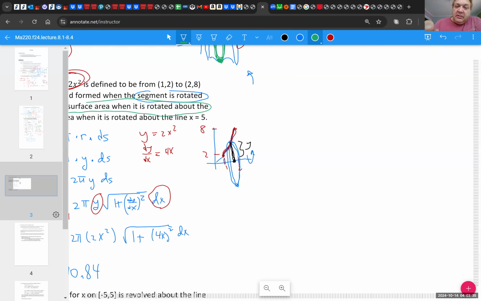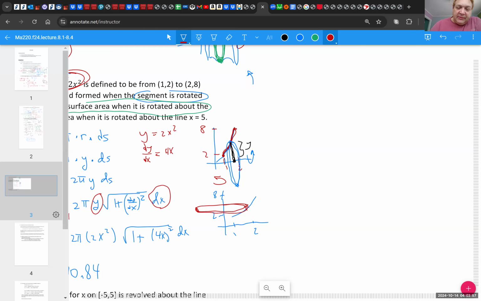For my drawing, I'm going to be doing the same curvy thing from 1 comma 2 to 2 comma 8. I'm going to be doing a little slice of the thing, but now I'm rotating around the y-axis. So I get this slice over here.